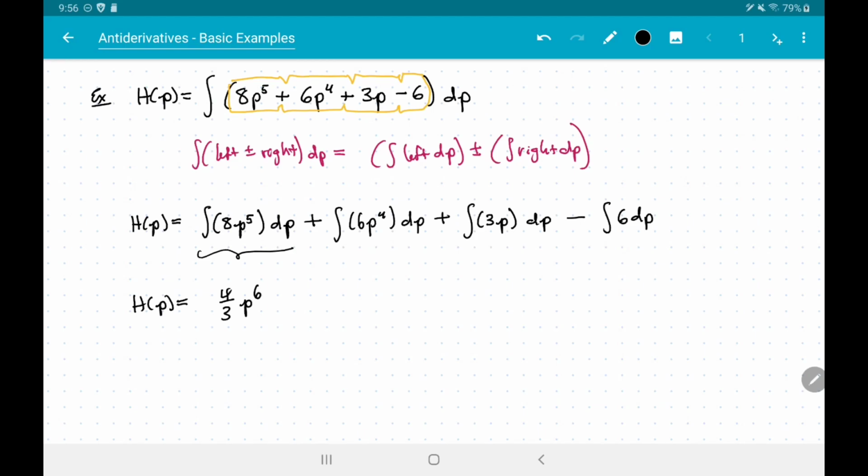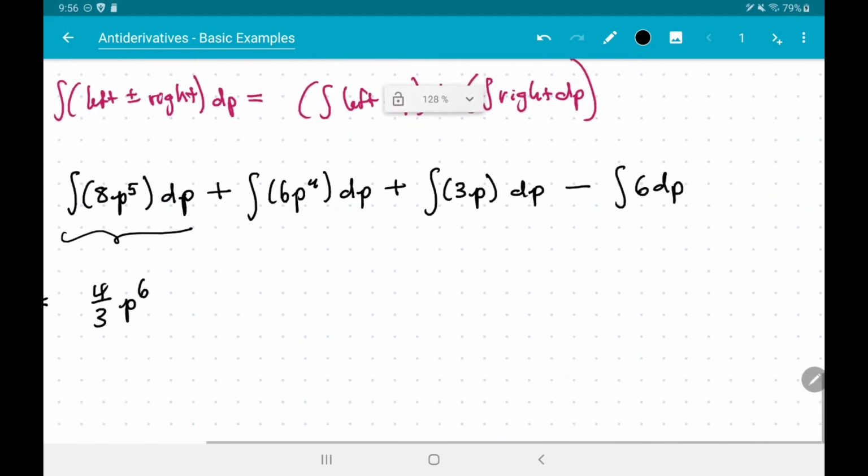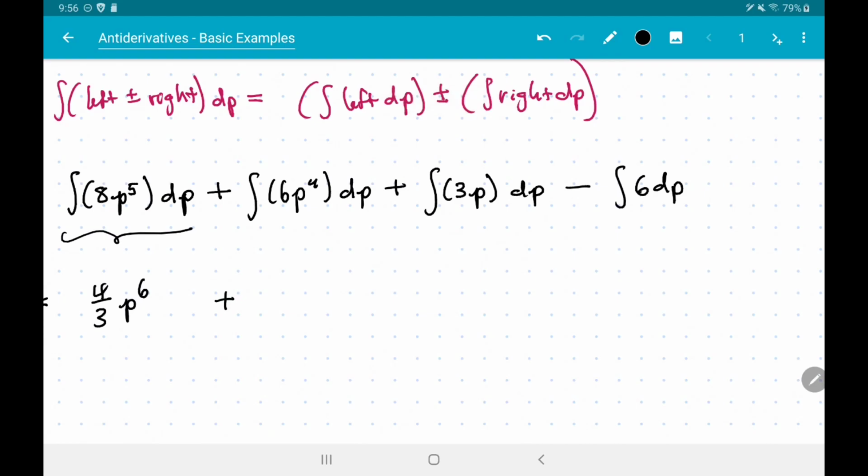You'll be adding up a bunch of unspecified constants. And a bunch of unspecified constants added together is another unspecified constant. So you may as well just wait till the end to write the plus c. Okay, so we'll leave it as 4/3 p to the 6th for now.